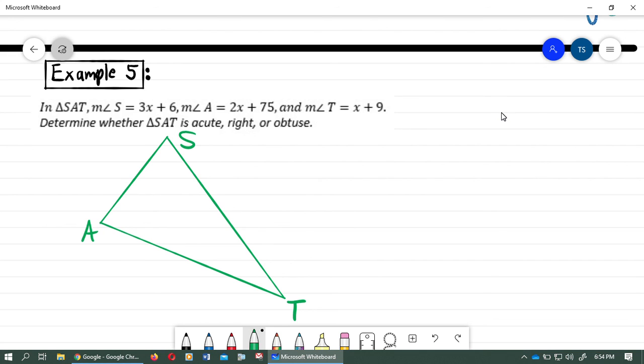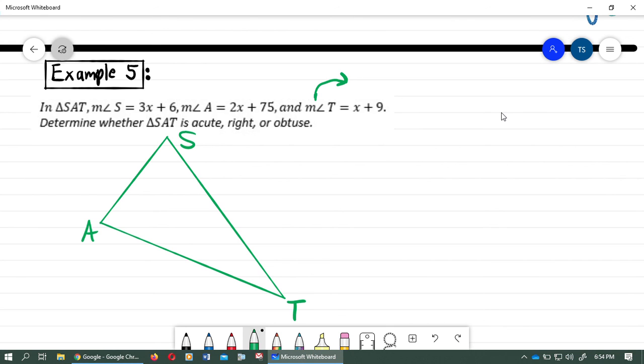Then, since they tell you the measure of angle S, if they just give you something like the measure of angle S, the measure of angle A, and the measure of angle T, they're talking about the interior angles.